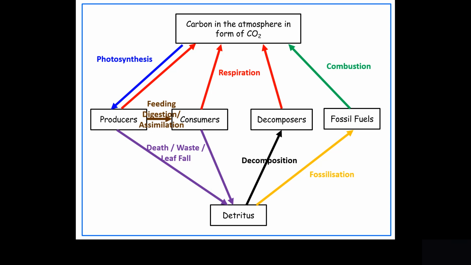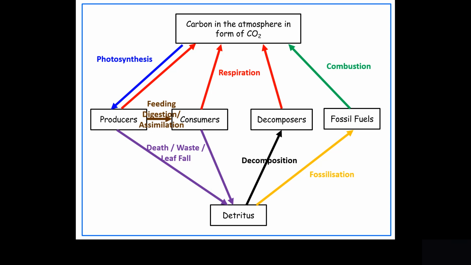And that carbon within the carbon dioxide can be transferred, if you look at the left-hand side of the diagram, to producers as part of the process of photosynthesis. So the blue arrow there is representing photosynthesis, which of course you should know is carbon dioxide plus water being used to make glucose and oxygen. And producers are therefore our photosynthesizing plants. Now, our photosynthesizing plants also respire.